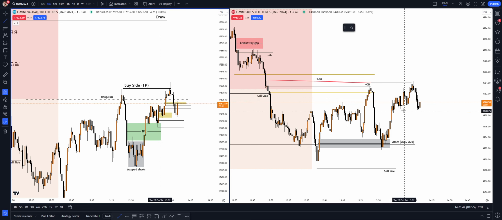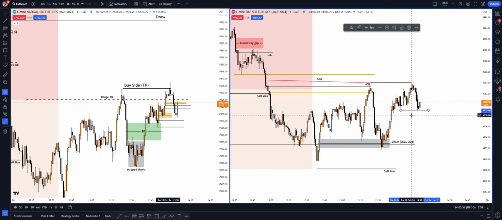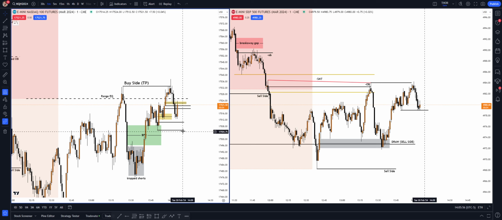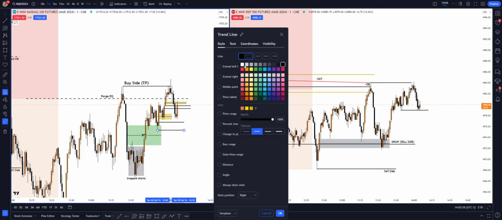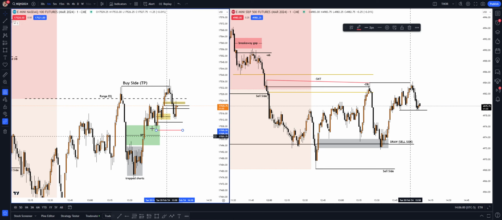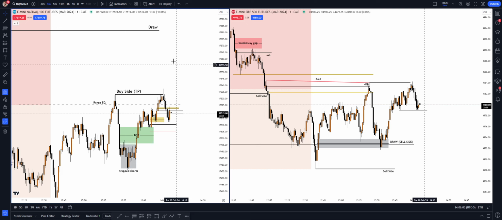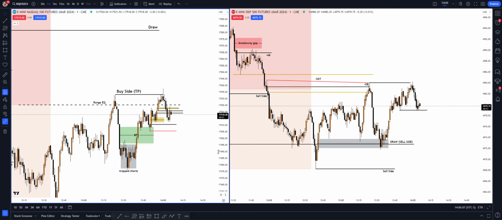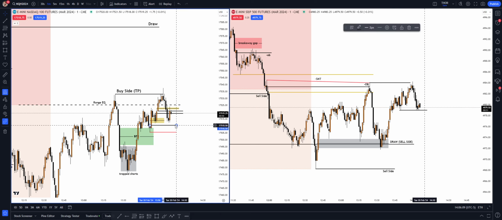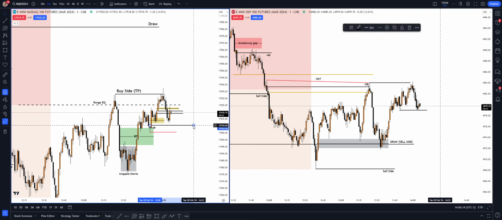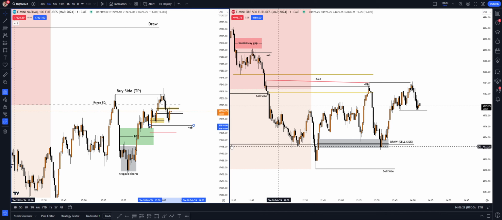Yes, printed equal lows there. So this low, the order block low, as long as this is not violated, the sentiment in the market short term is upside. That's right. All right, cool.